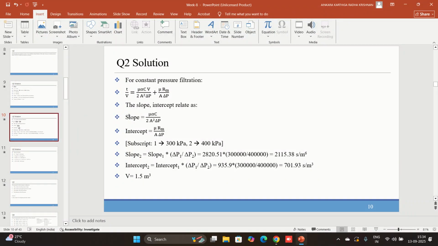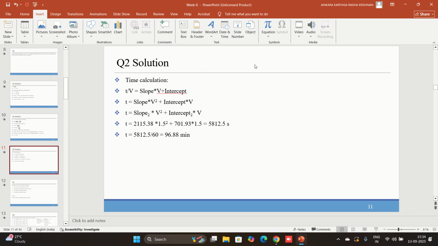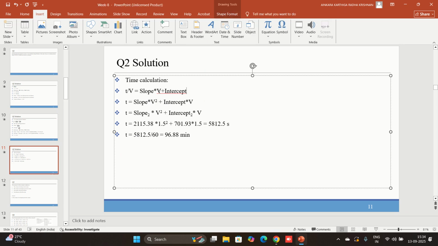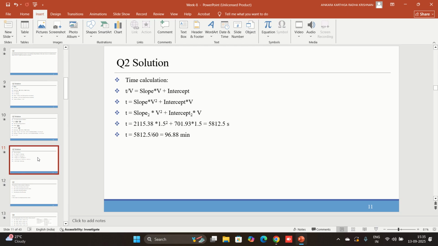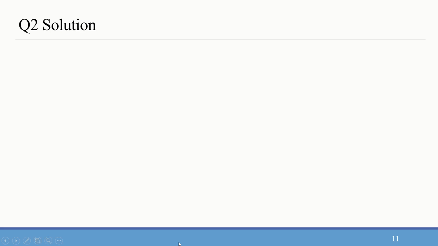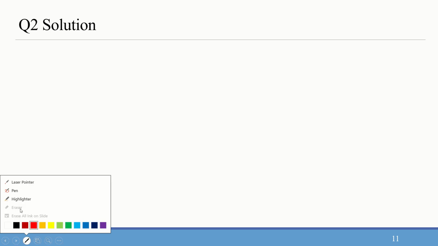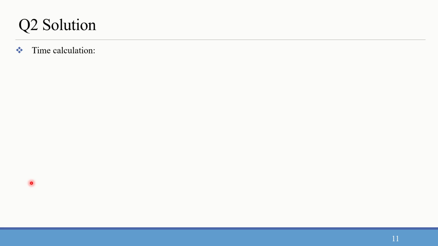First we are finding the new slope and the new intercept, and after finding them we are directly substituting them back here and getting the time required to collect the 1.5 meter cube of the filtrate. That is how we do the question. It is all basic math but with a little application in the particular context. That is how we do question 2 as well.